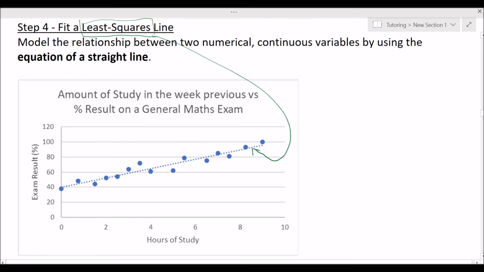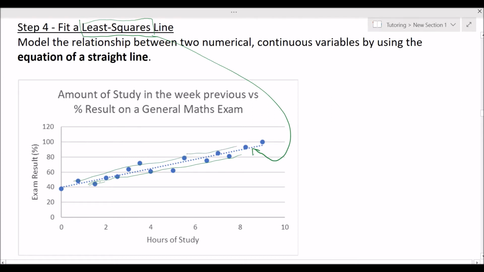As you can see, it's capturing the general trend of the data, and you can see that there are an equal number of points on either side of the line. There should be an equal number of points on this side and an equal number of points on this side. You'll see why that's important later.